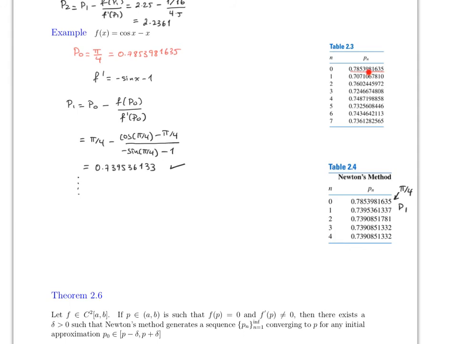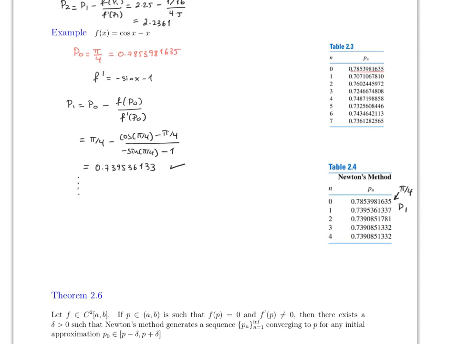Now this table was created using one of the previous methods. I don't recall if it was the bisection or the fixed point iteration, but in neither case is this the solution. With Newton's method it only took technically 3 steps to get there. Well, this one after 7 steps is not even close to being here.